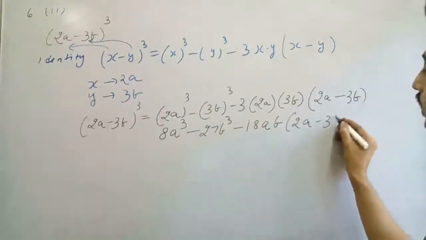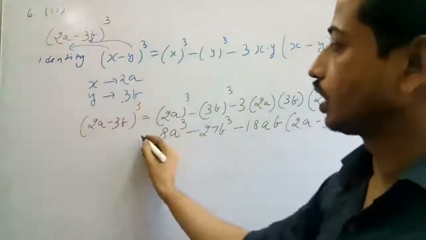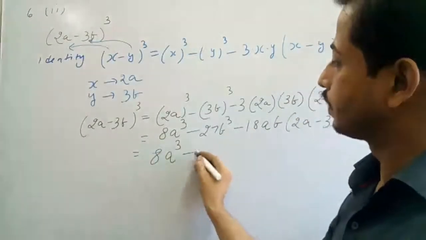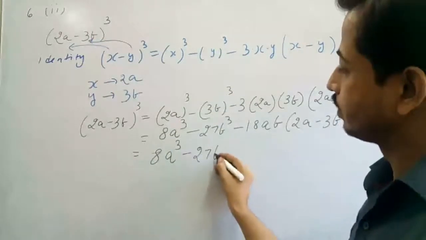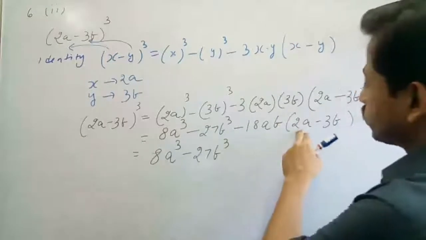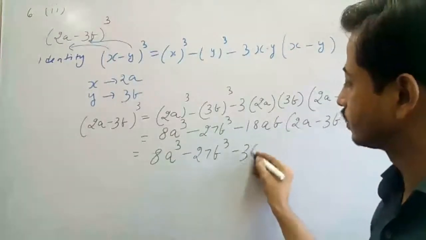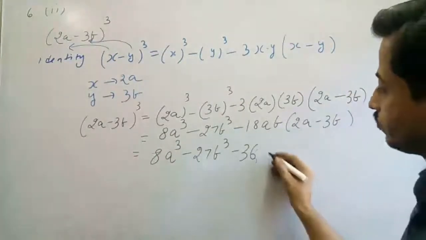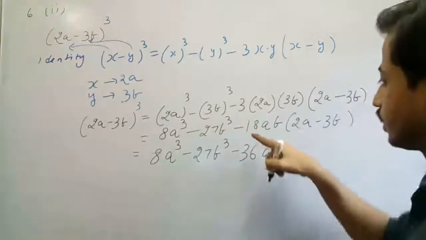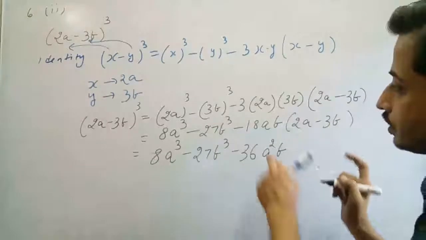(2a minus 3b). Now you have to solve further. 8a cube minus 27b cube. Now open the brackets. 18 into 2 we get 36. a into a we get a square, and b comes as it is. Now 18 into 3, this is negative.